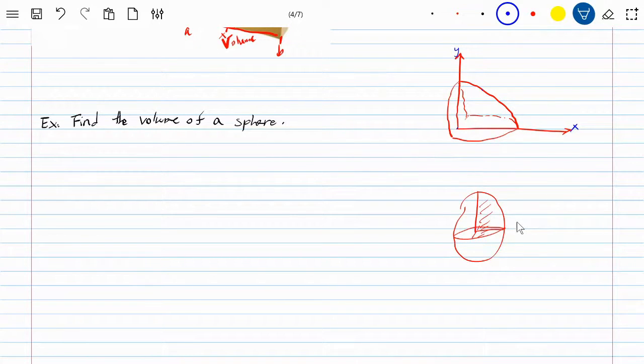So if we cut through, x changes from 0 to the radius of the sphere. Let's call it capital R. So let's call this length capital R. If I cut through a section of this sphere here, what you notice is this area is basically a circle.